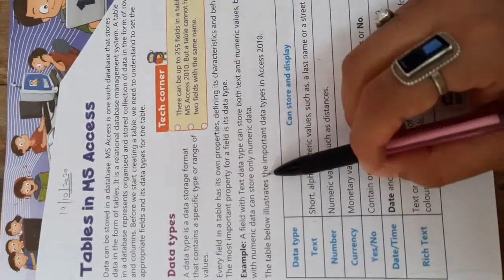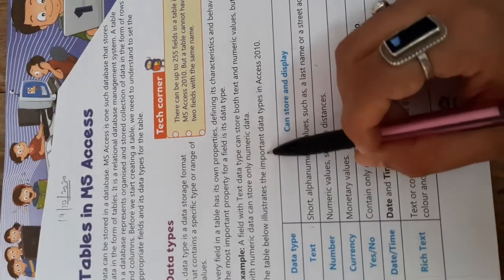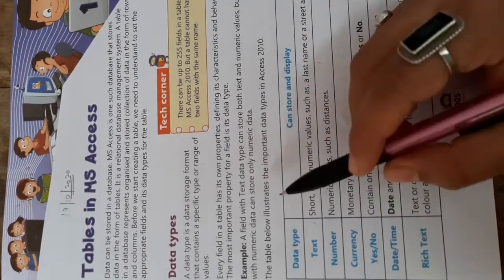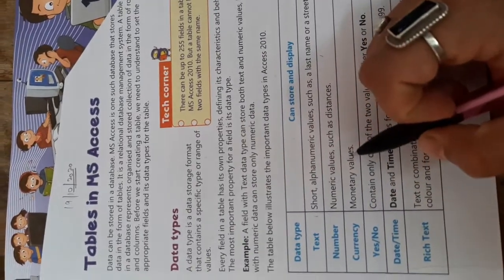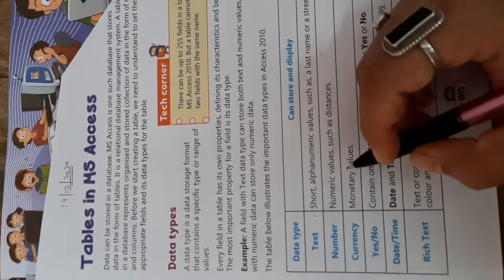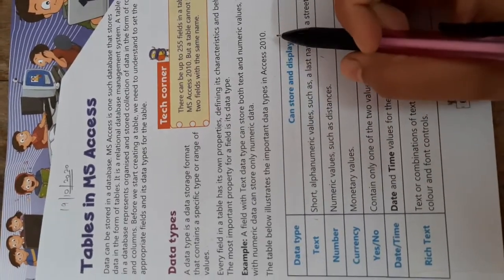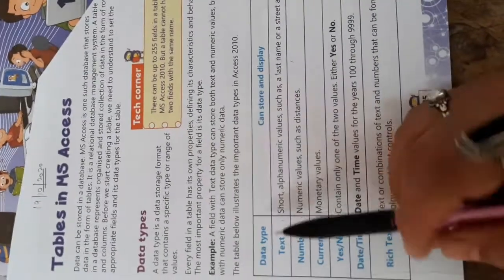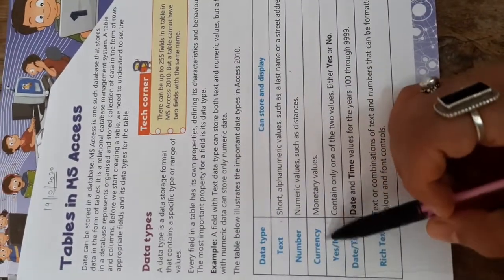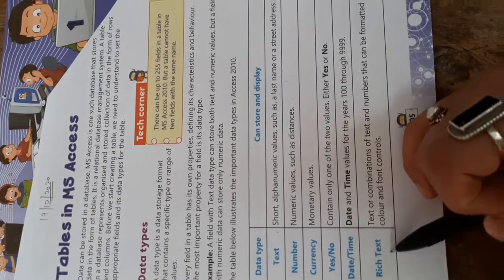The table below illustrates the important data types in Access 2010. Now this table shows the important data types that are stored in Access 2010. A data type can store and display text, number, currency, yes/no, date/time, and rich text.